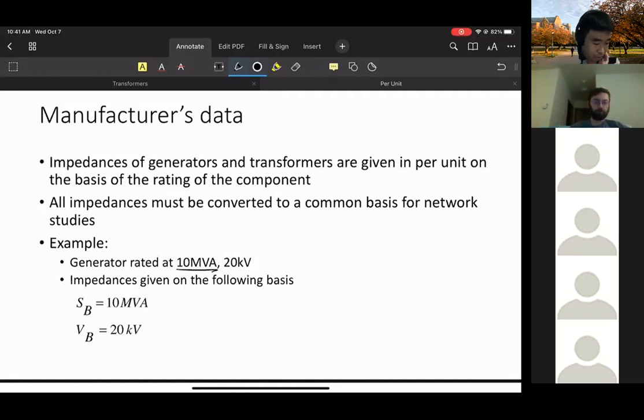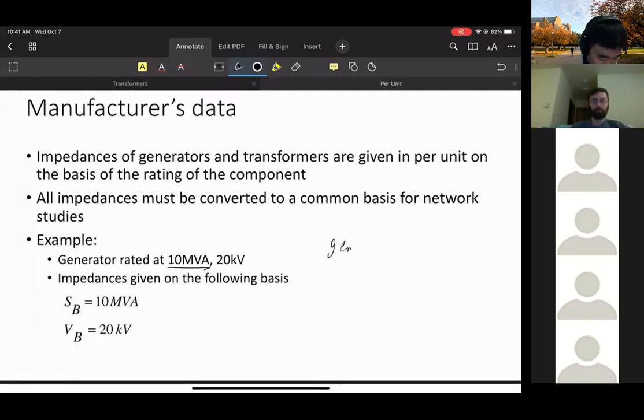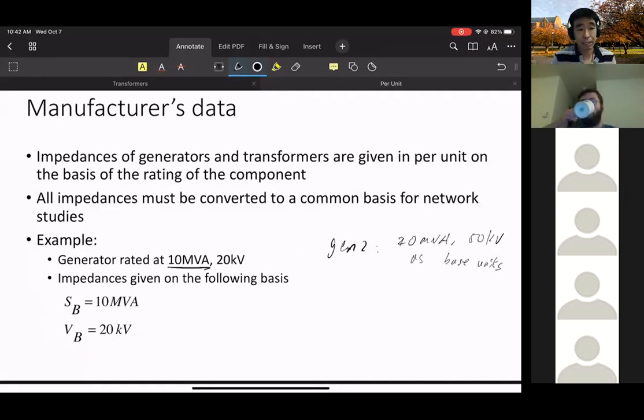For example, generator 2 might decide to have a base of 20 MVA and 50 kV. This is very common. The generator doesn't know what you want as a base unit, so it just gives whatever it thinks is reasonable in the data sheet.